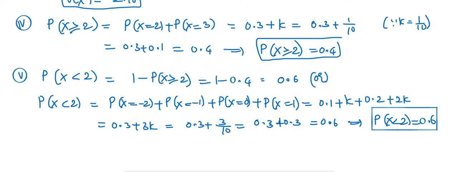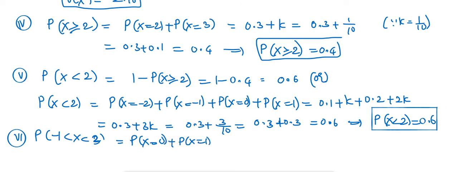Okay. Sixth one, probability of minus 1 is less than x is less than 3, that is equal to, after minus 1, the value probability of x equal to 0 plus probability of x equal to 1 plus probability of x equal to 2. Before 3 only, not the 3 value. So we can write x equal to 0 probability is 0.2 plus x equal to 1 is 2k plus x equal to 2 is 0.3.